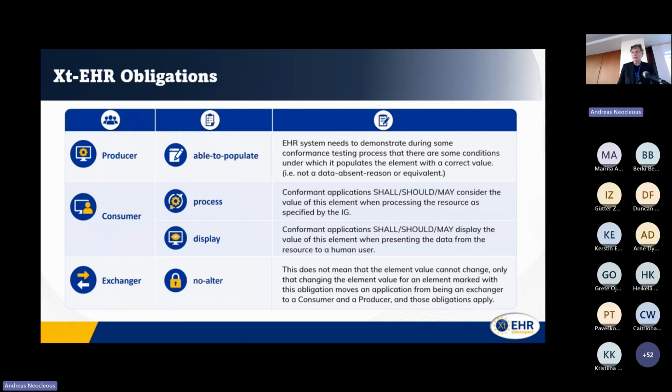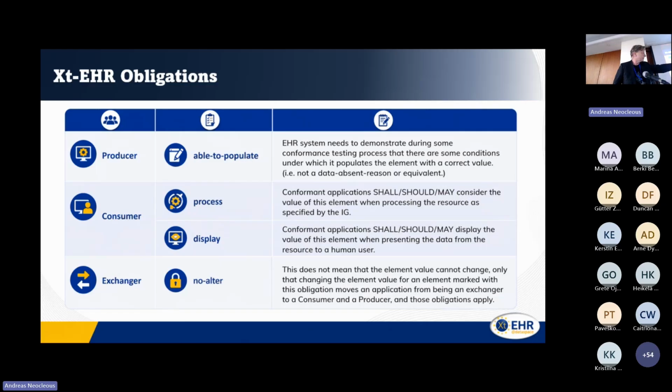In the second column, you can see the obligations that we have selected from the framework for the producers, just the ability to populate. We had a long discussion with Commission about the other one that we proposed to use, that was populate if known, but because of the difficulties of explaining the meaning of their definition, we dropped that out. From the consumers, as I mentioned, we have selected two, display and process.